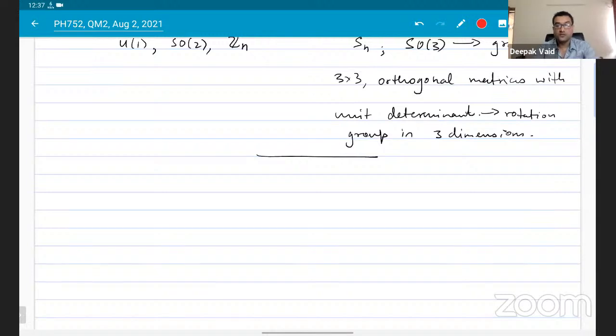So now, let's see. Sakurai's treatment of symmetry is a little bit involved.